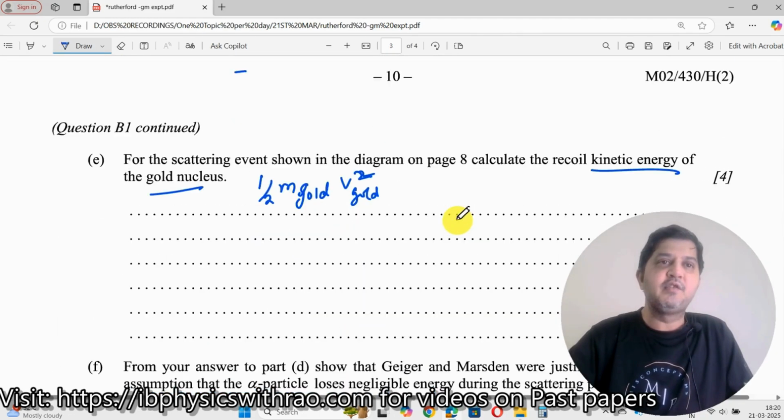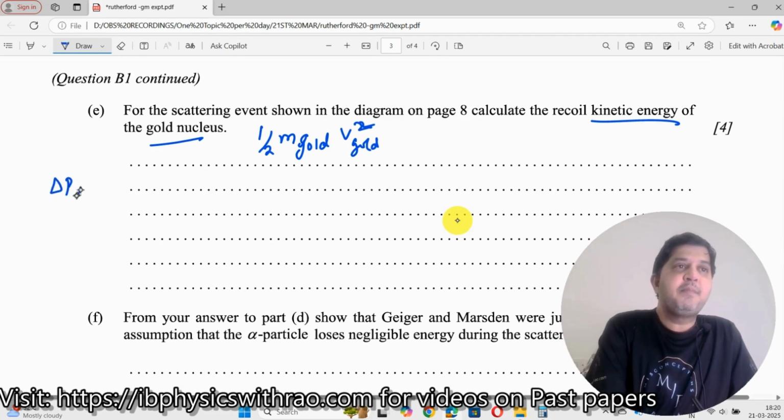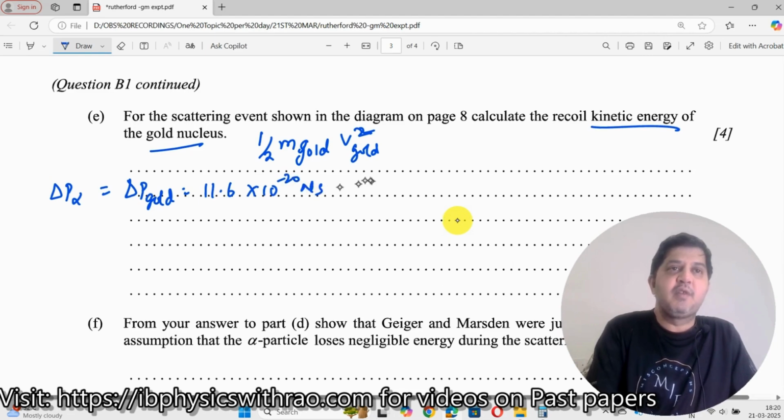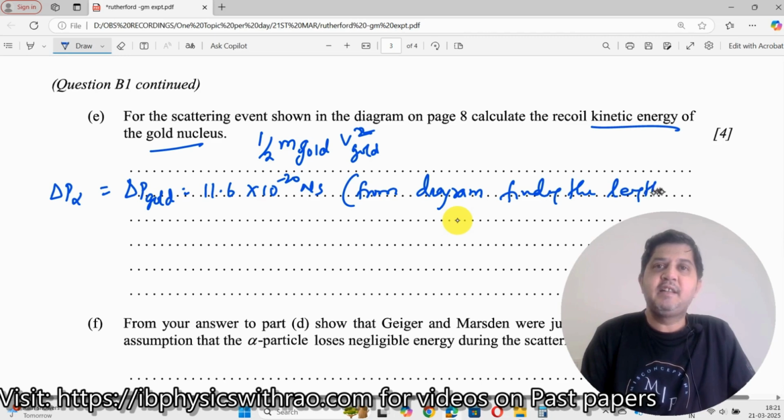So we will write delta P gold is equal to 11.6 into 10 to the power of minus 20 Newton second. This is from the diagram, finding the length of the line.